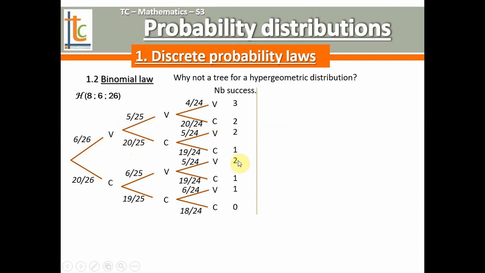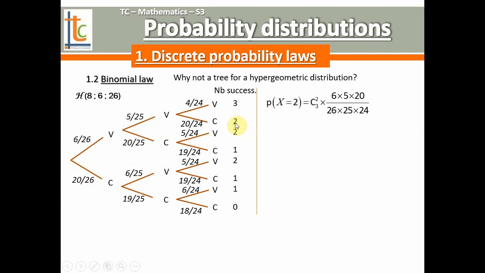And if you target this value 2, the numbers to multiply will be 20, 6, 5, always the same. So it's possible to get a probability like that through a tree.